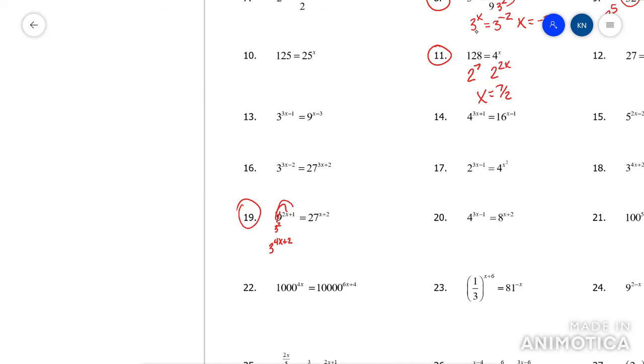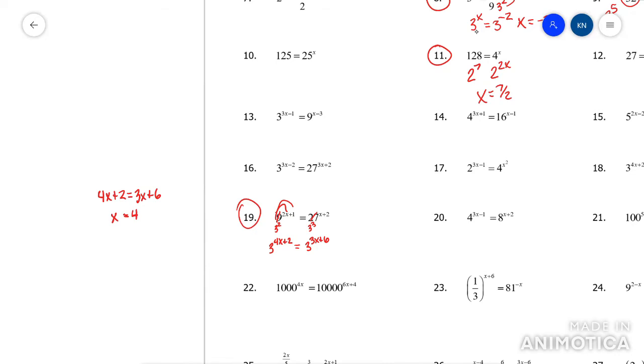And then this 27, this is 3 cubed. Then you're going to be multiplying that because of power to power. So this side turns into 3 to the 3x plus 6. And so now you can just be like, okay, 4x plus 2 equals 3x plus 6. Get your x's on one side and your numbers on the other to get your answer.